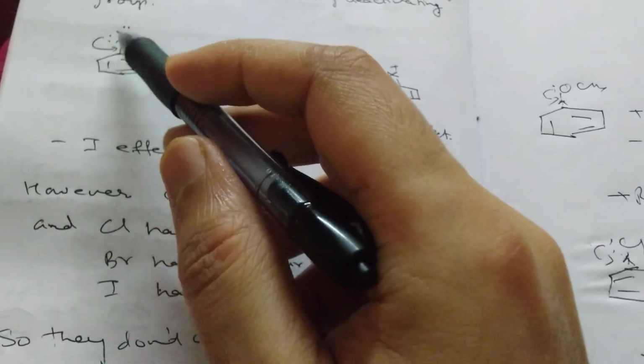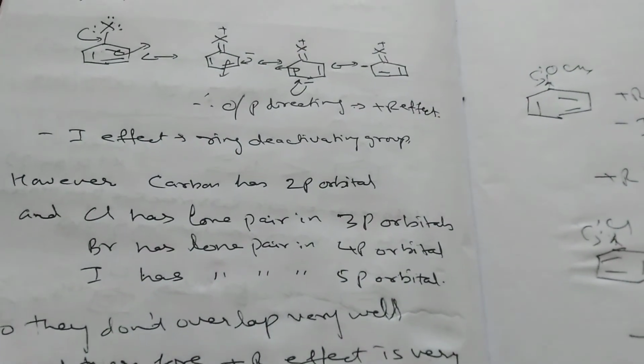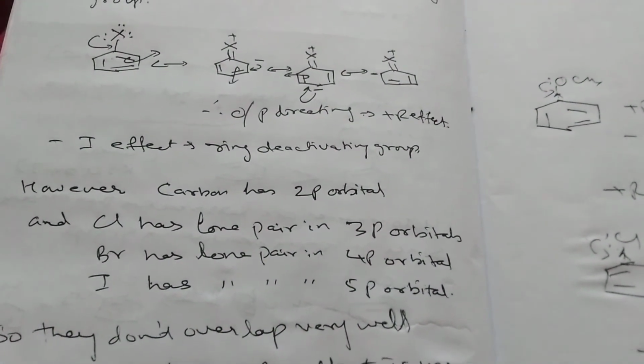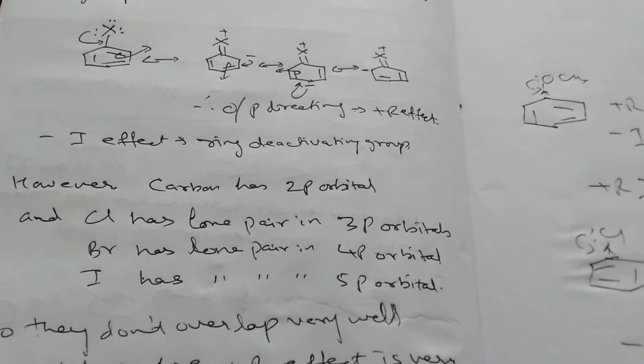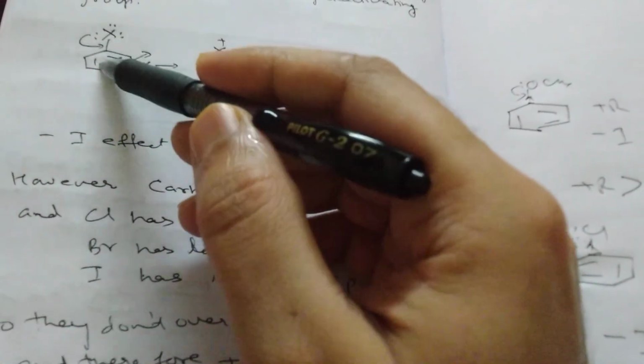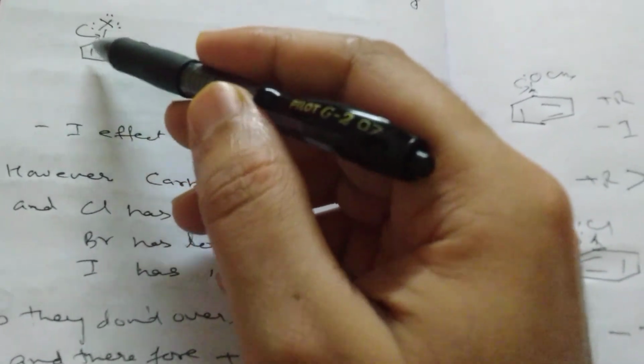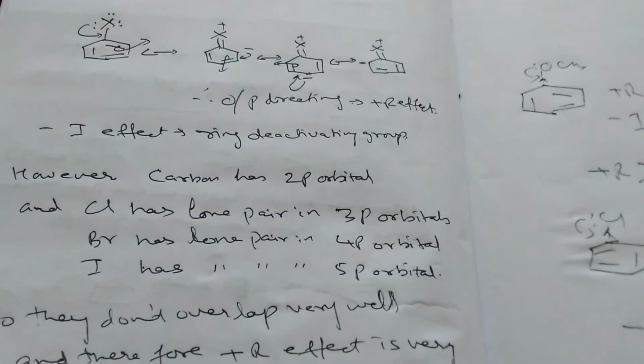And so 2p overlap very well, and therefore resonance is very effective, and therefore the plus R effect was way stronger than the minus I effect. But here 3p and 2p have an energy difference and the overlap is not very effective, and therefore the plus R effect is very weak.